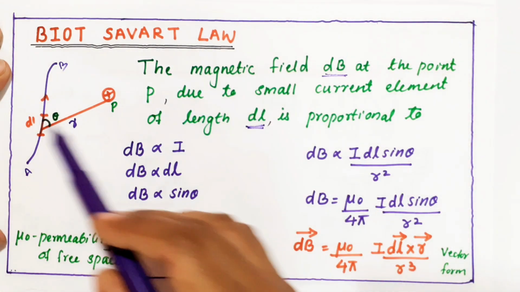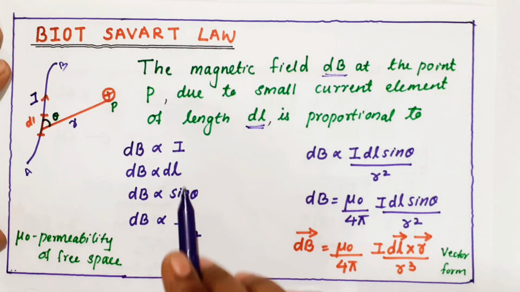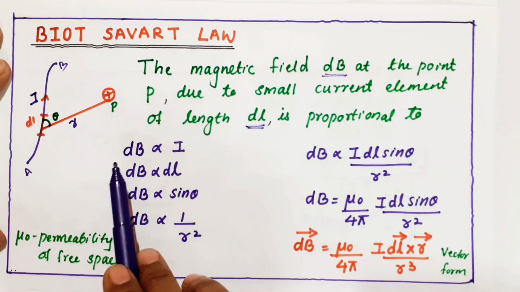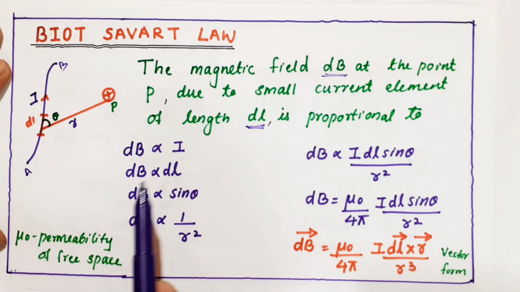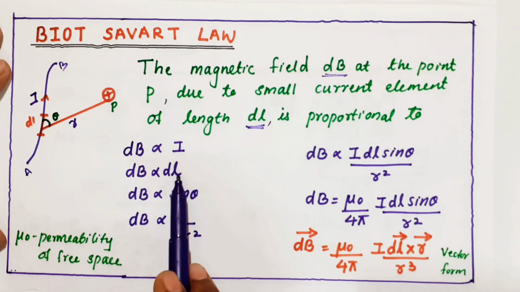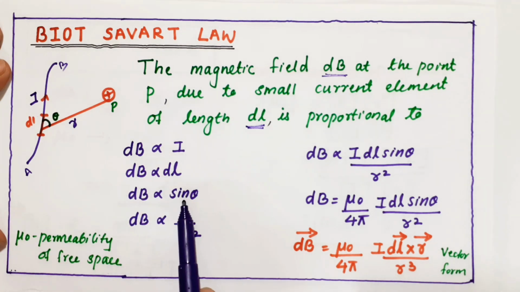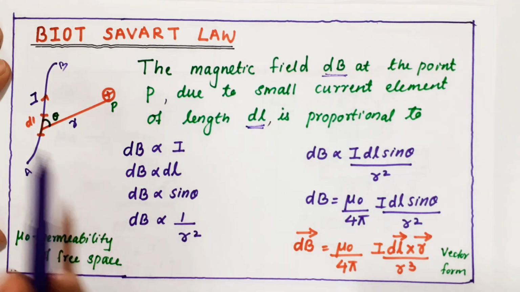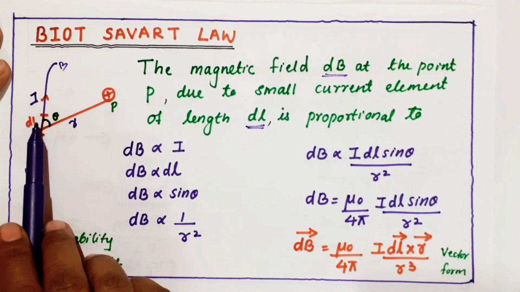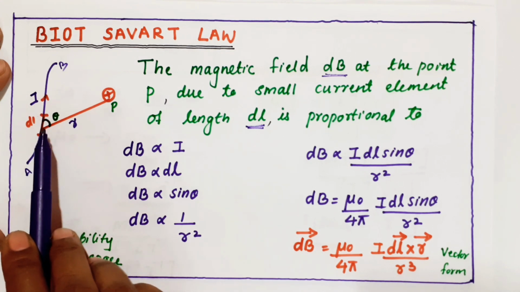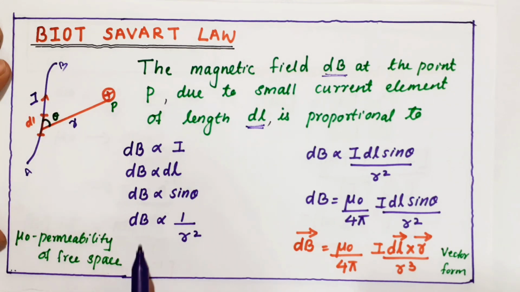The magnetic field due to the current element dl is proportional to three factors. The magnetic field is proportional to the current flowing through the conductor, proportional to the length of the current element, and proportional to sine theta, where theta is the angle between dl and the line joining the element to the point.